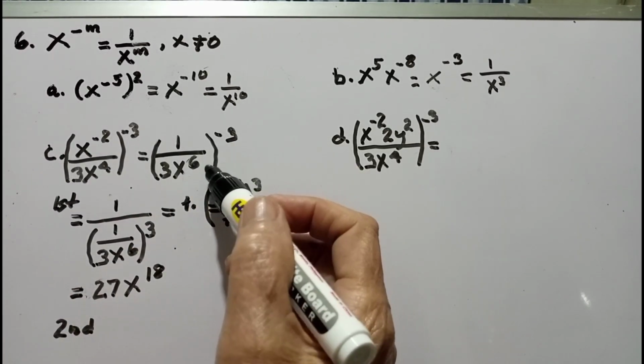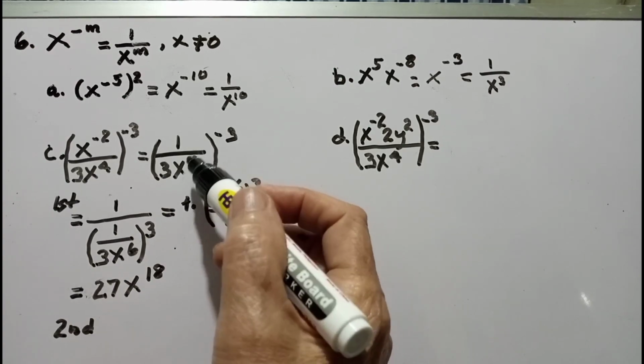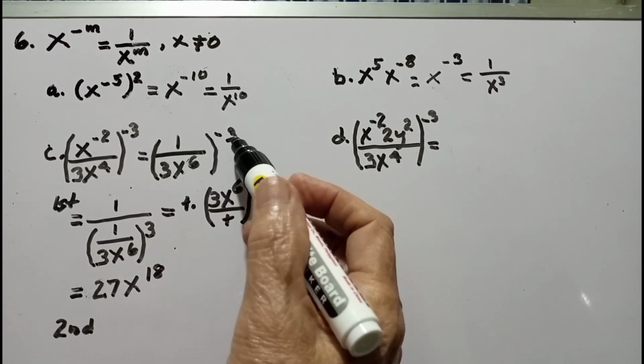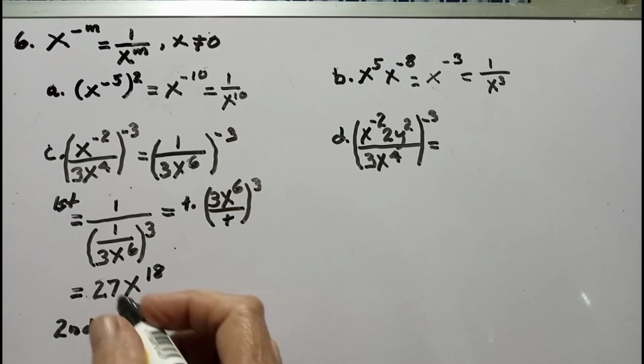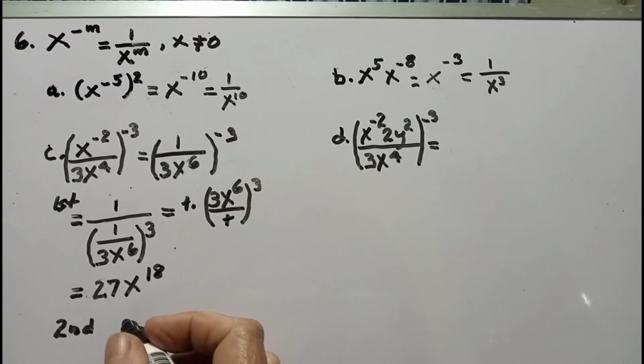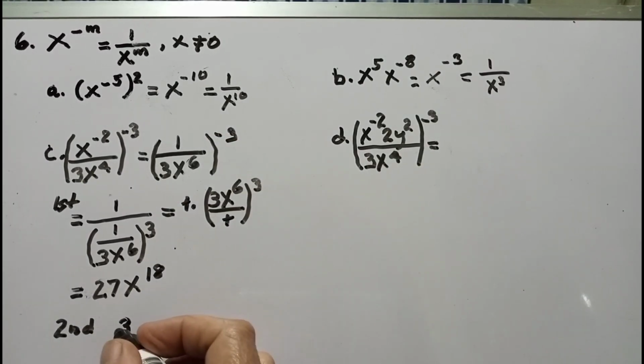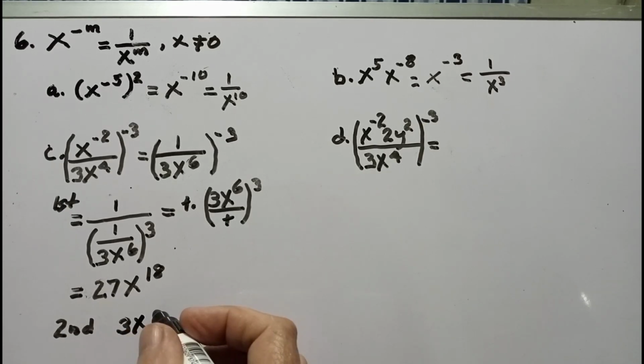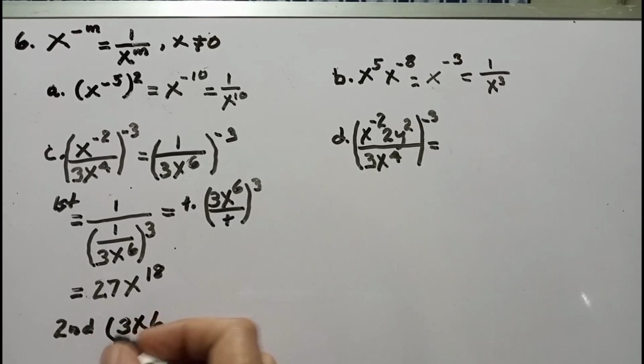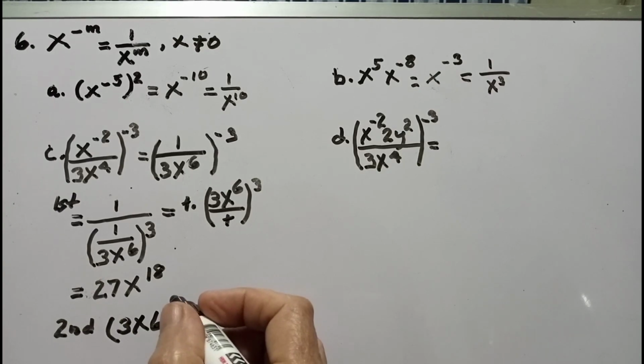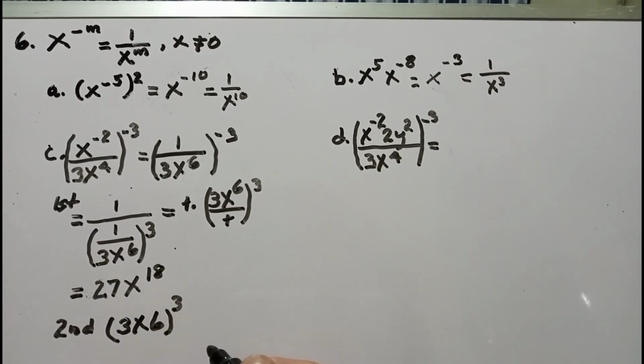So from here, you just invert this term immediately and change the sign. So inverting this, that will become 3x to the 6, to the positive 3.